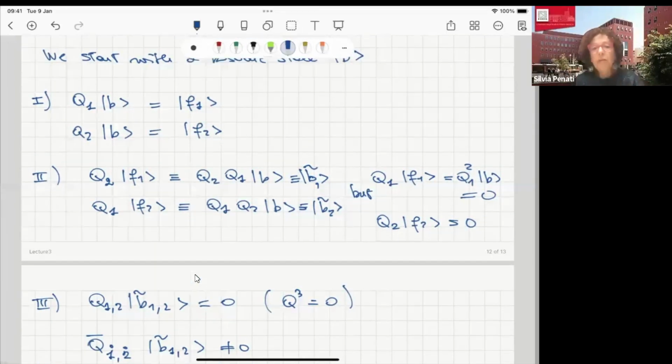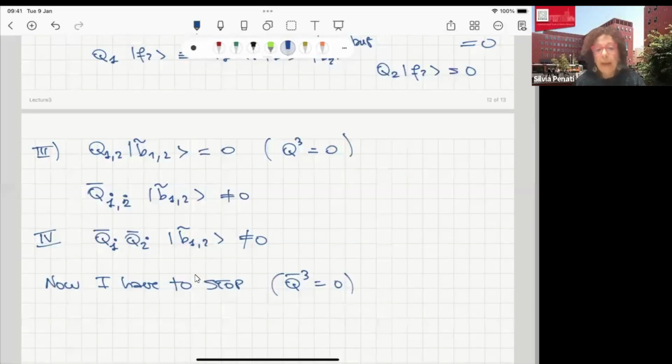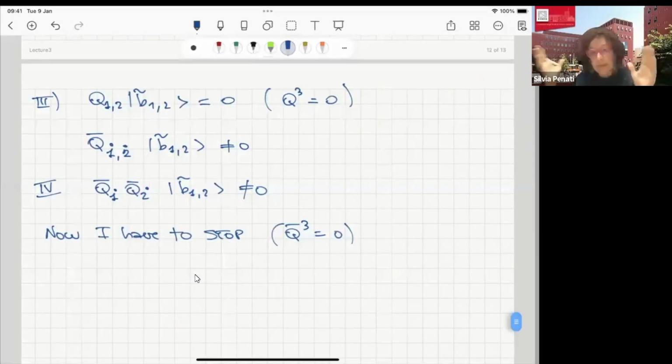But this change of fields is made up by a finite number of fields, because at a certain point, I cannot keep applying Q and Q bar because I get 0, okay?